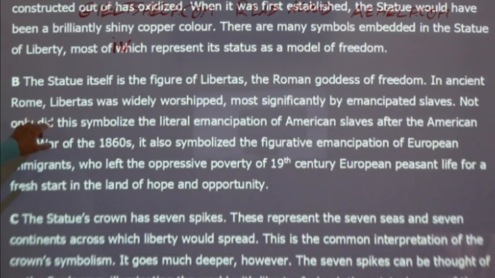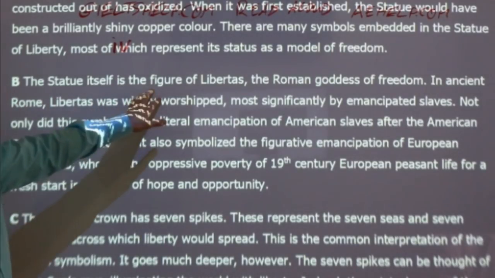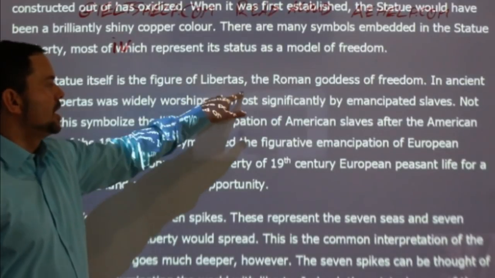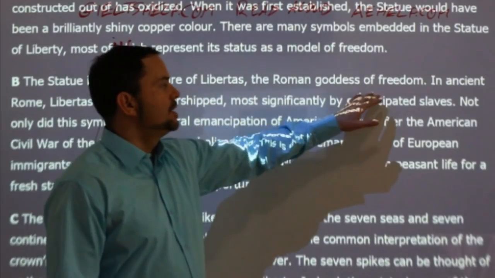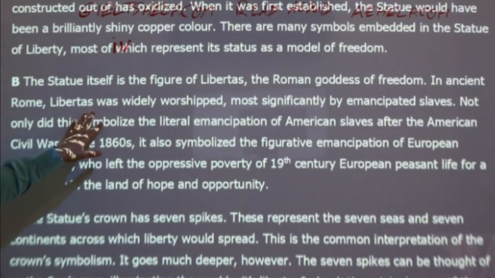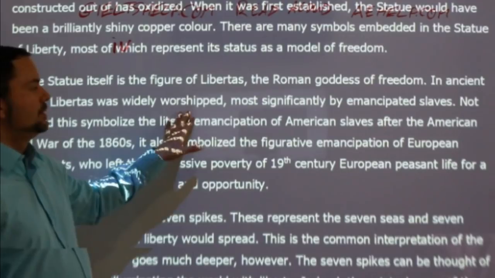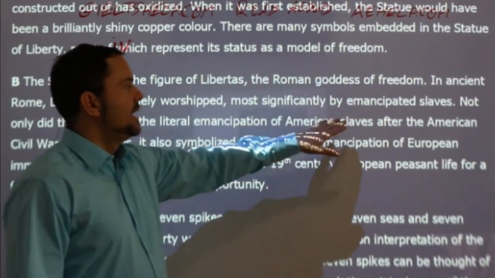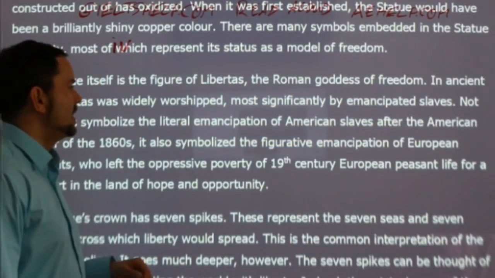So the statue itself is the figure of Libertas, the Roman goddess of freedom. In ancient Rome, Libertas was widely worshipped most significantly by emancipated slaves.